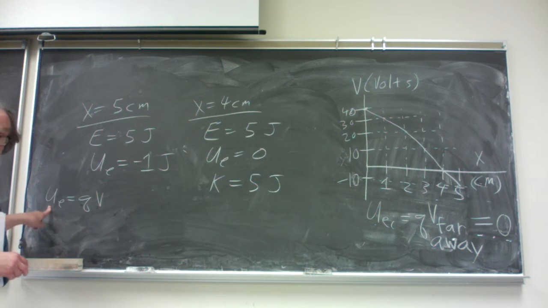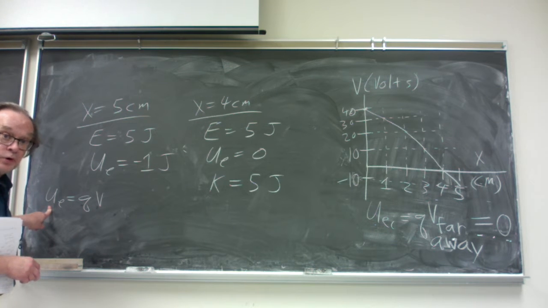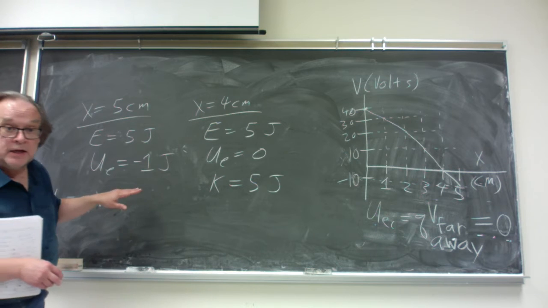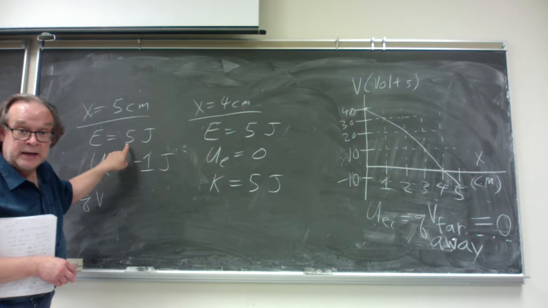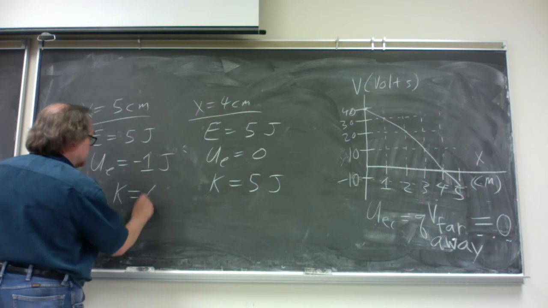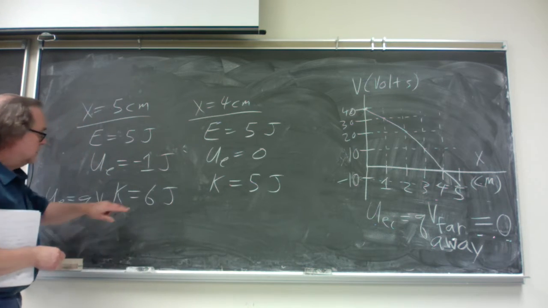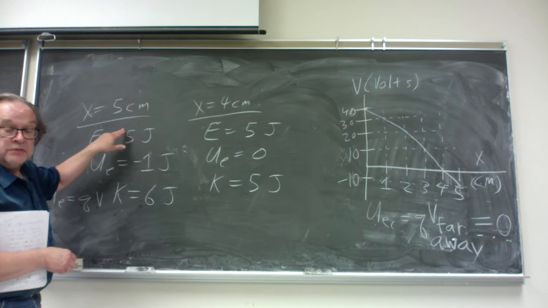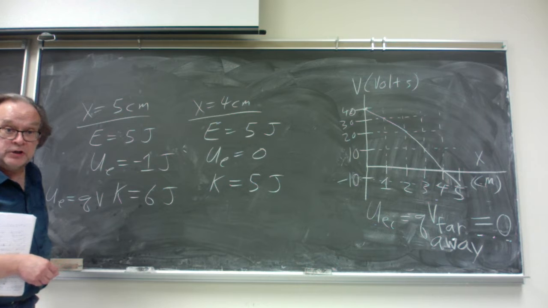Then this can be either positive or negative. But anyway, it's still the case that kinetic energy plus potential energy has to equal 5. So in this case, the kinetic energy has to be 6 joules. 6 joules plus negative 1 joule gives us 5 joules for the total energy.